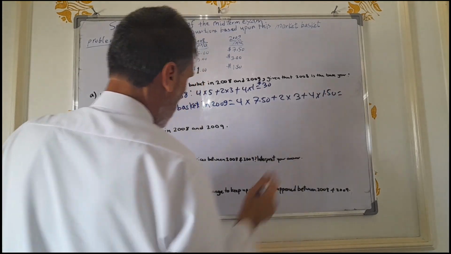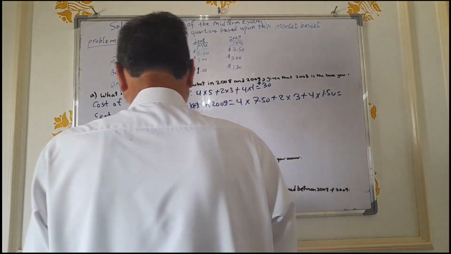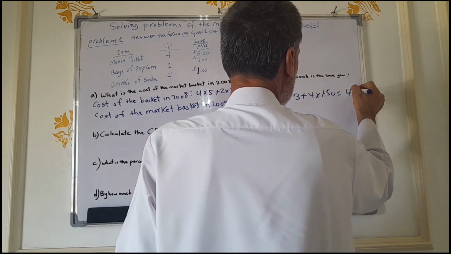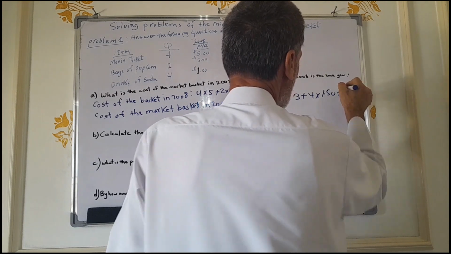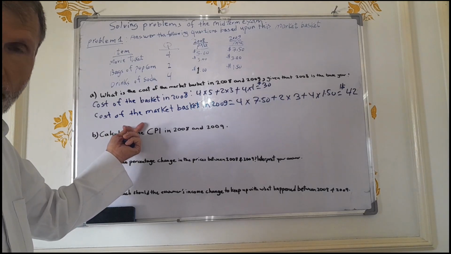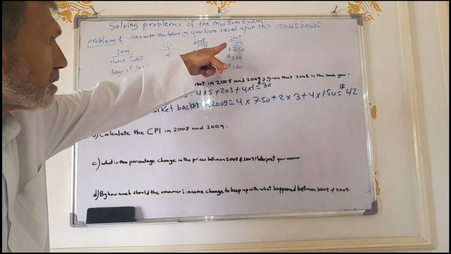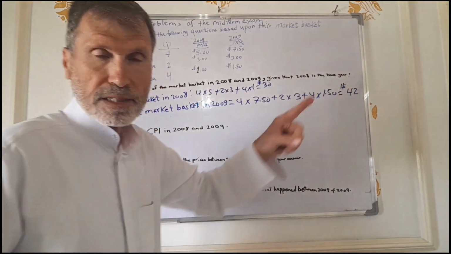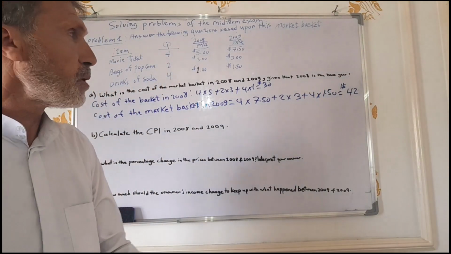And we come up with how much? We come up with 42. So, the total cost of the basket in 2009 is $42, or the total dollar expenditure of the basket.